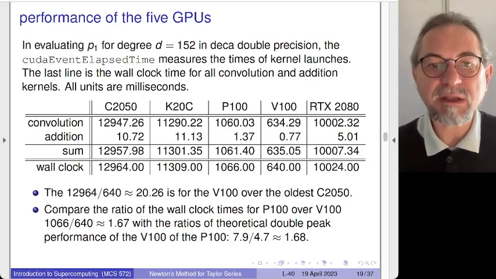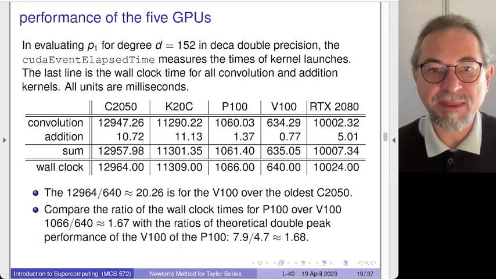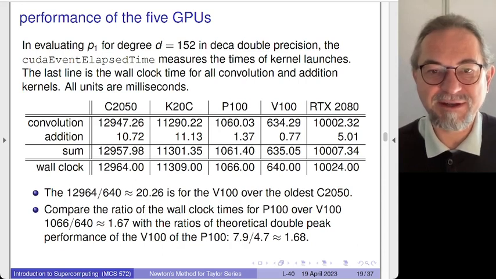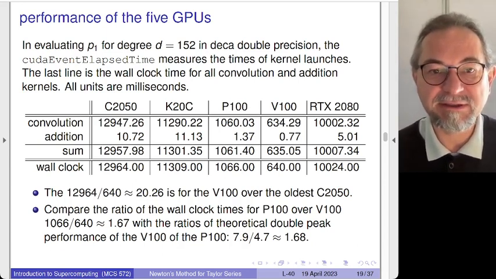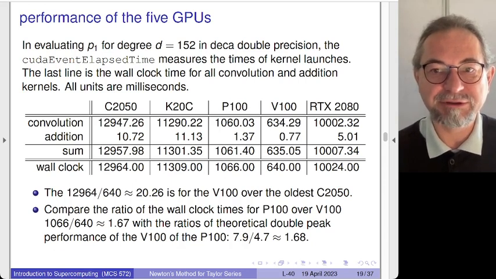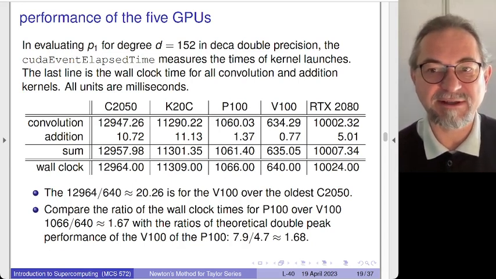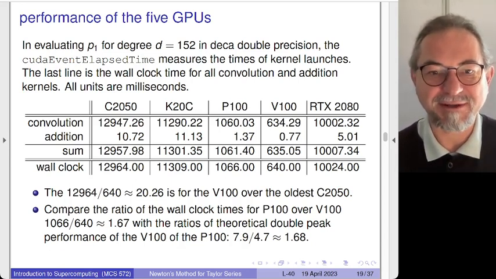Okay, so then here is the performance. You can see the evolution of the speed of the GPUs. Volta is my most recent one, purchased in 2019. The C2050 was purchased, I think, in 2012.